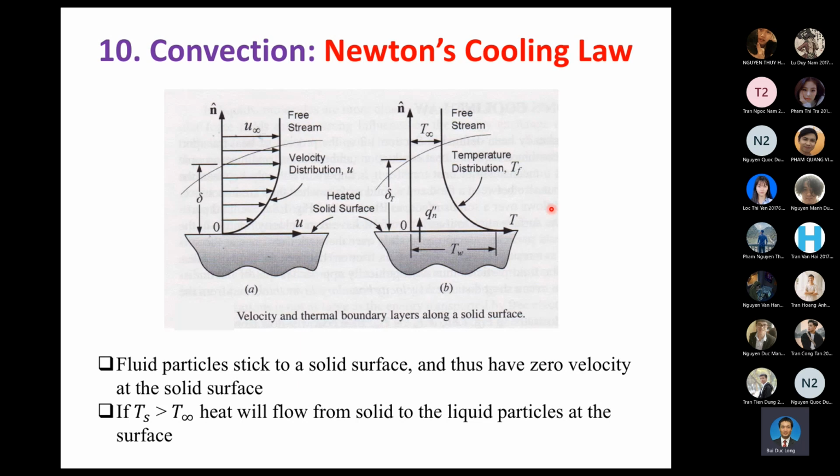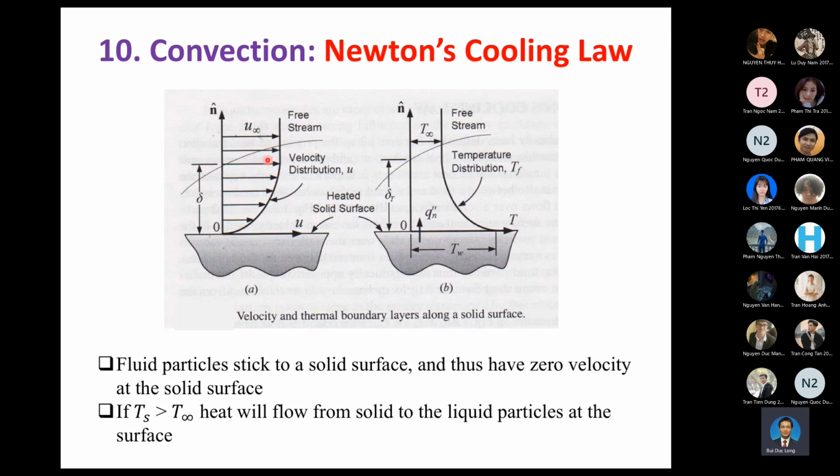You can see here the distribution of velocity inside the system for fluids. The velocity of the fluid flow at the surface of the system goes to 0.